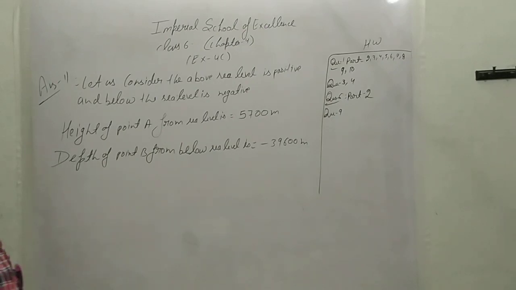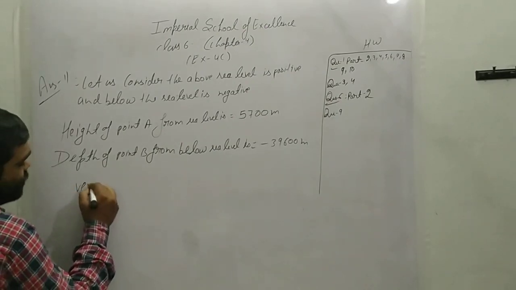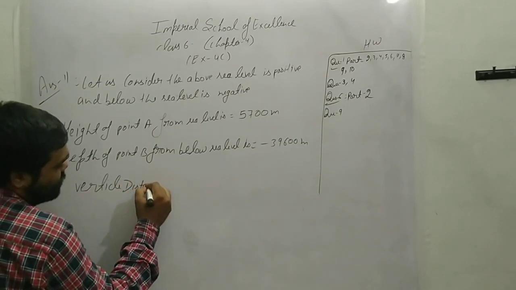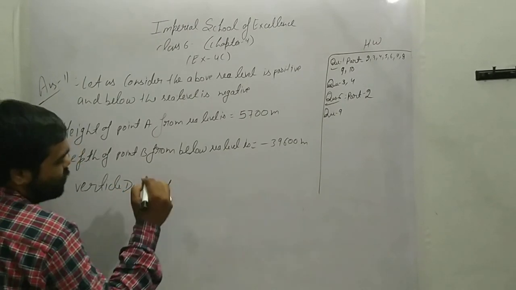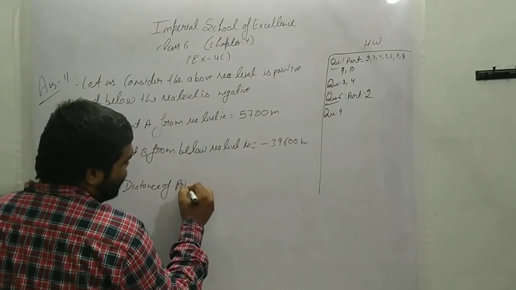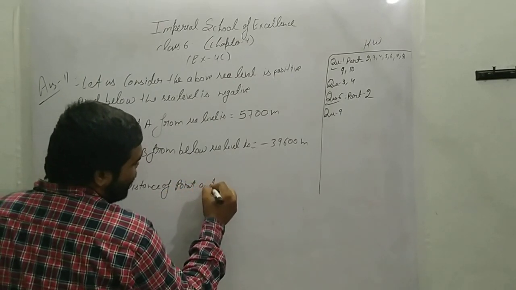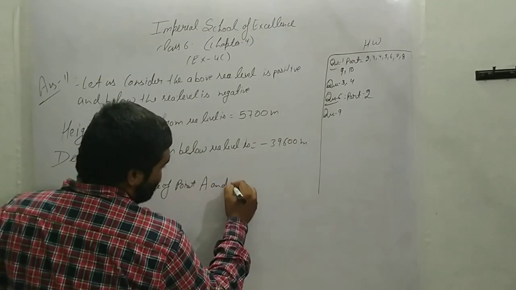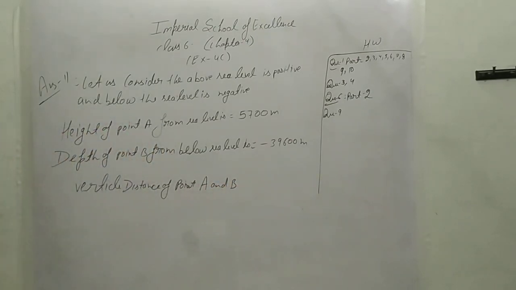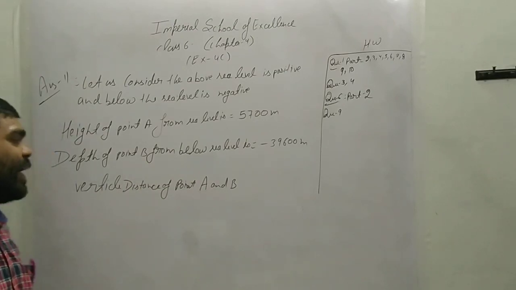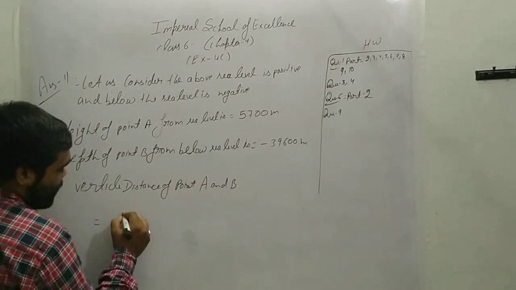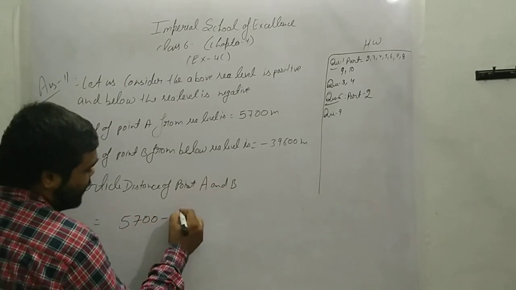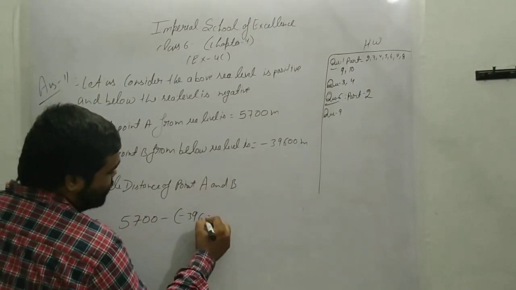Now we have to find the vertical distance of point A and B. Means 5,700 minus 39,600.